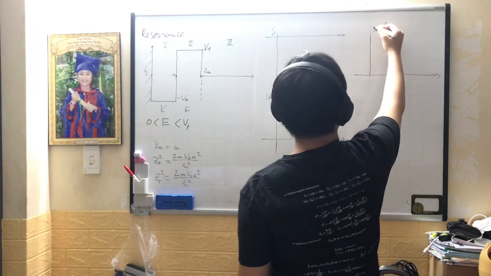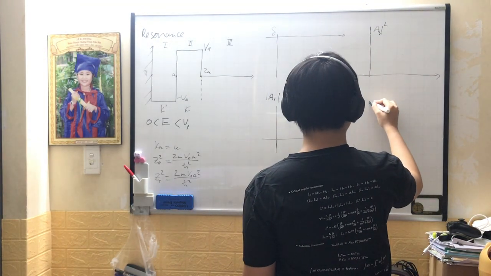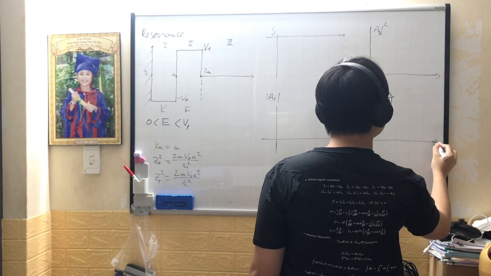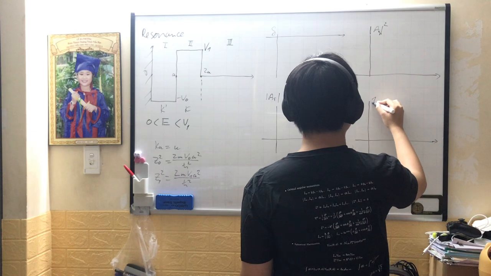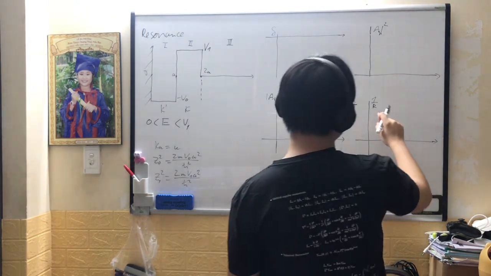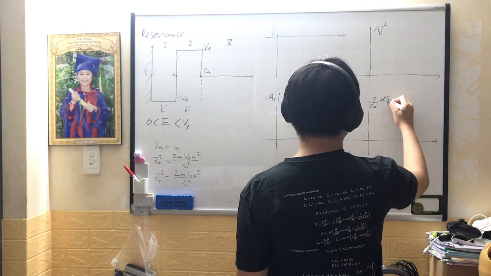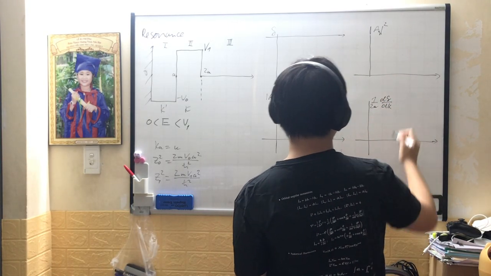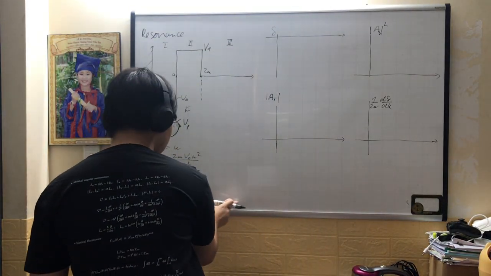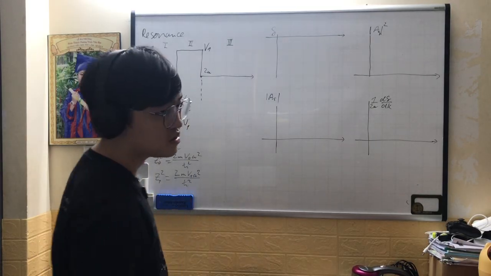And finally is your time delay. R here is 2A, I just write 2A. D delta dk.